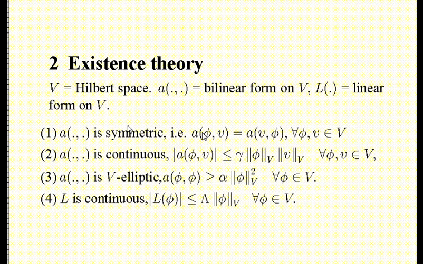The first is connected to the symmetry of the bilinear form. The second is concerning the continuity of the bilinear form. The third is connected to the V-ellipticity of this bilinear form. And the fourth condition is devoted to the continuity of the linear form, or the functional L.